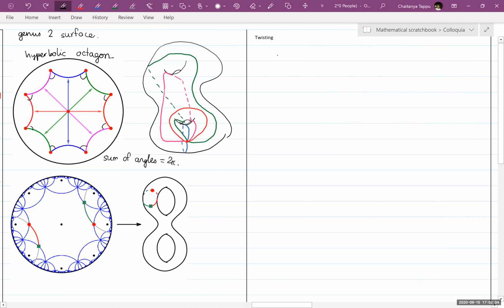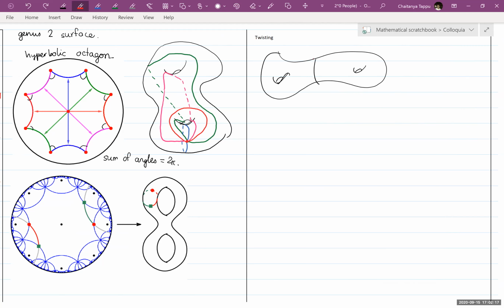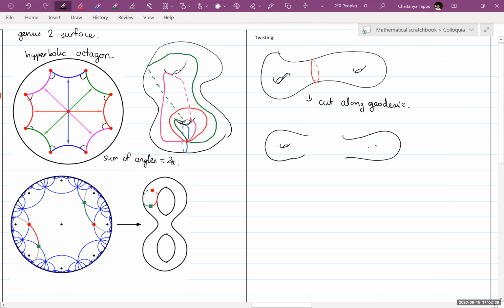So one possible example is, take a geodesic somewhere along here, and then cut along the geodesic, and what you get would be two surfaces.